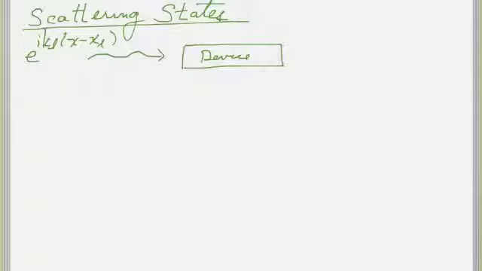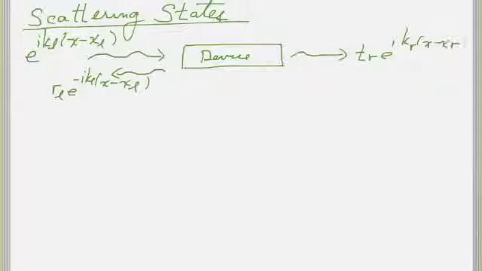So it includes this plus the reflected component, plus the transmitted component, plus whatever wave function you have in the device. I'll just call it psi device. Plus whatever, so this is the full scattering state.